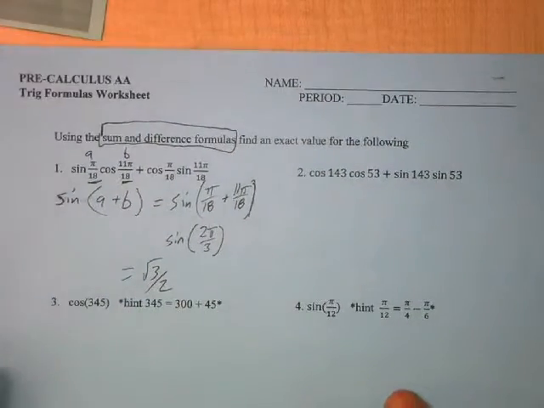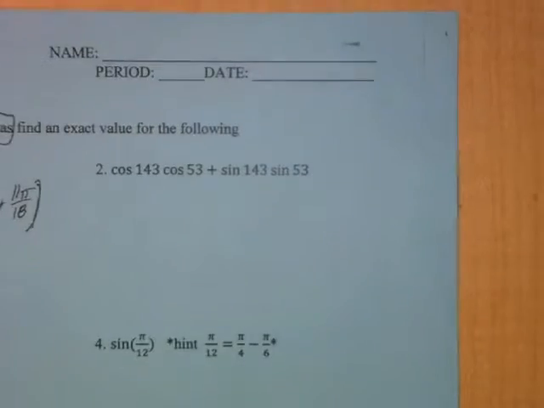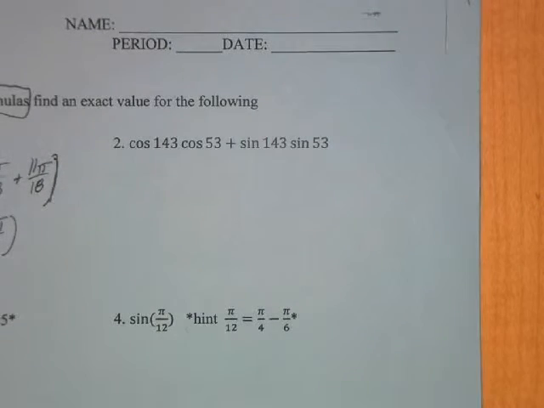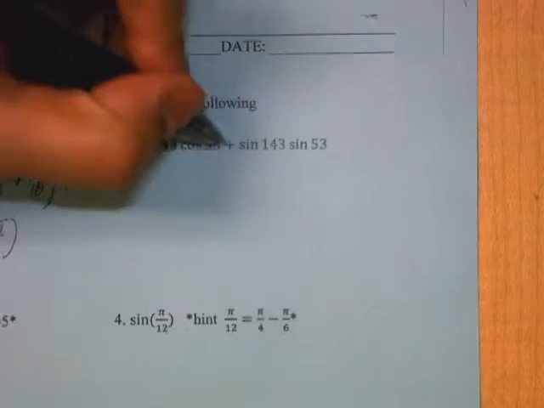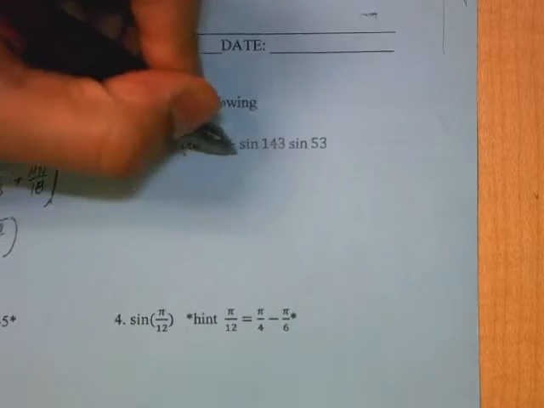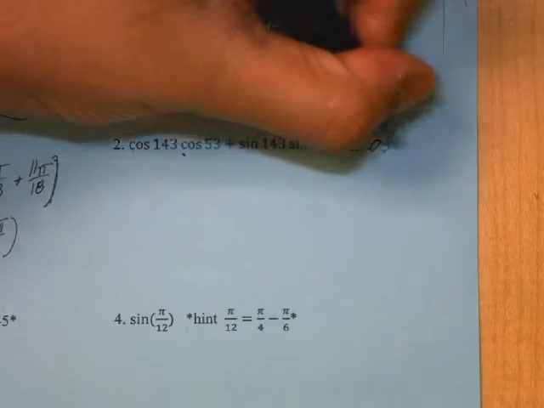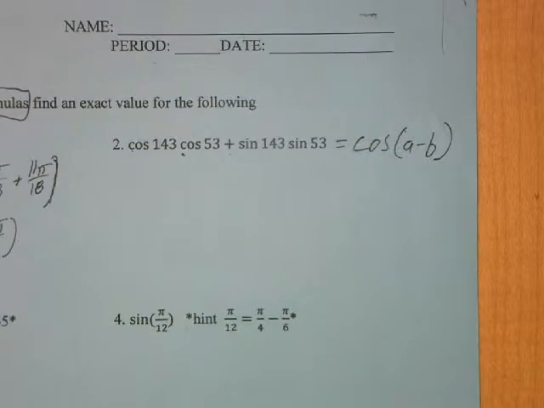Now, very similar process with this one. I'm trying to zoom in a little bit, make it easy to see. Okay. So if we take a look at this next one, this time I've got cosine, cosine plus sine, sine. That formula is going to be cosine A minus B. Again, looking at that same section on the formula chart.